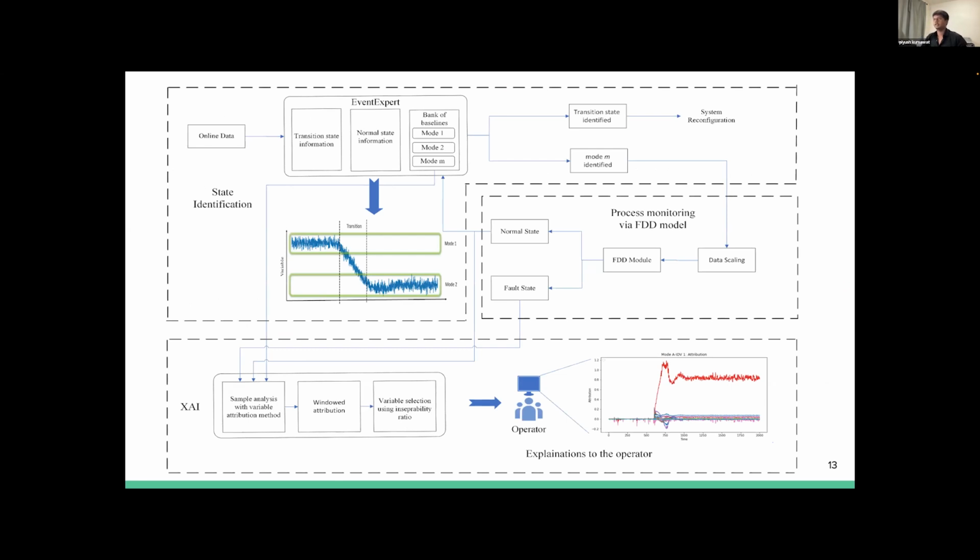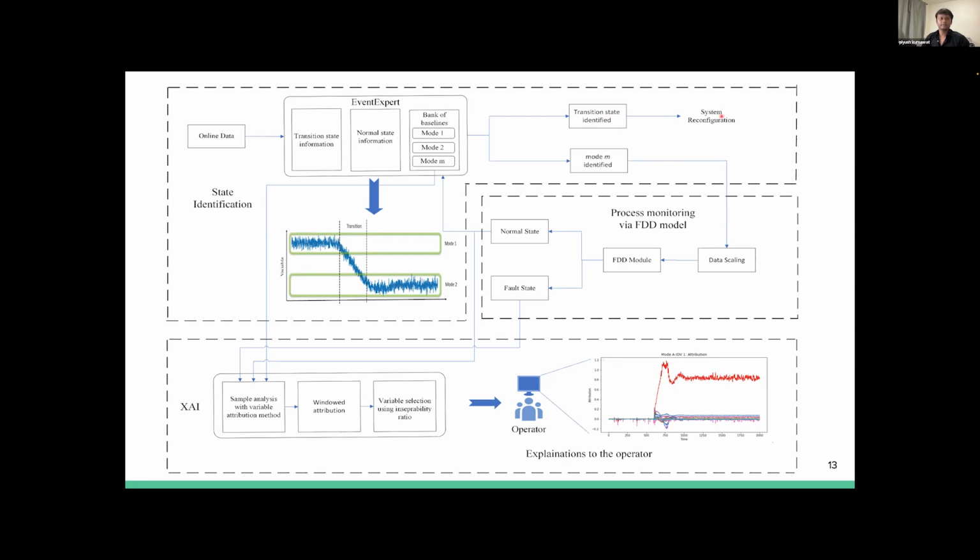It's a supervisor system which has knowledge of the transition state, normal state, and different modes. Once the online data is sent to the event expert, it will identify the current operating mode of the system. If it's in a transition state, it signals for system reconfiguration. If it's in a specific mode, then the data is sent to the FTD module.